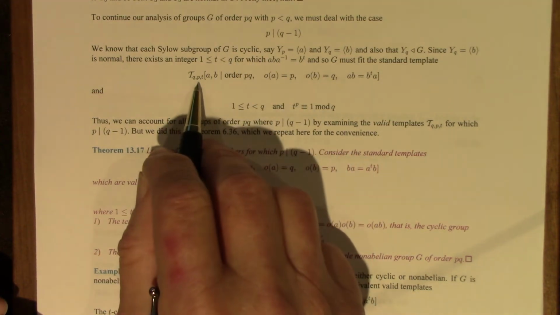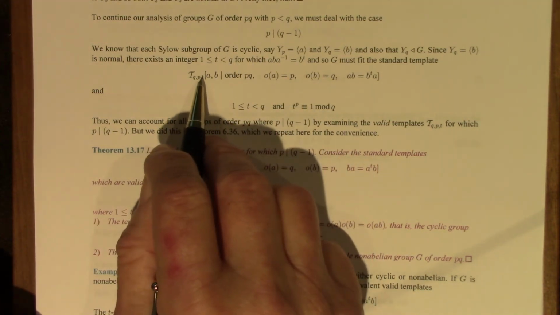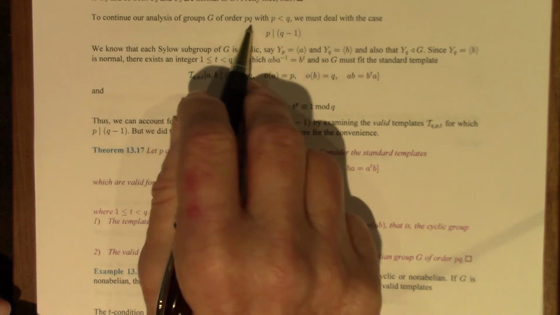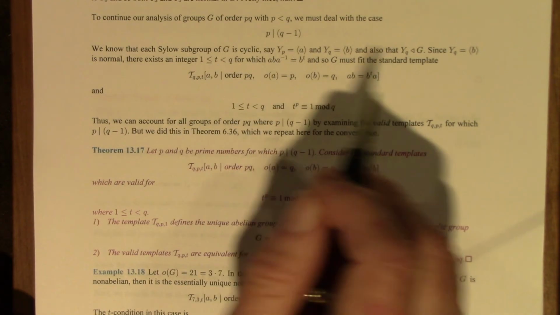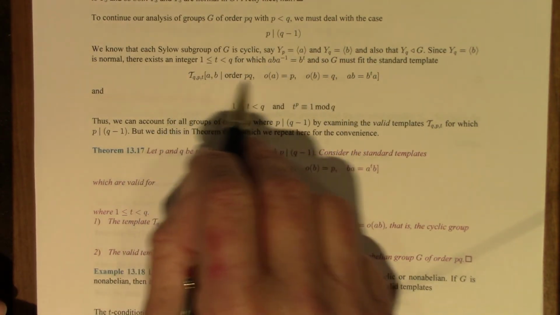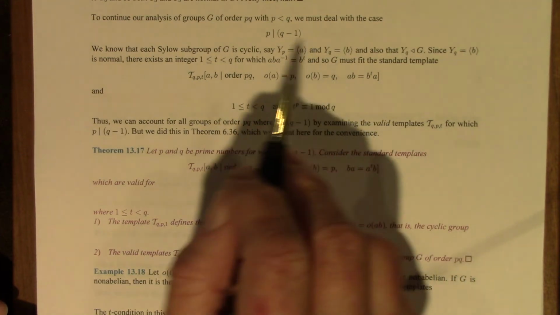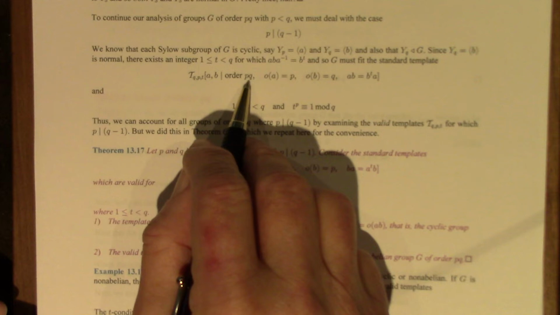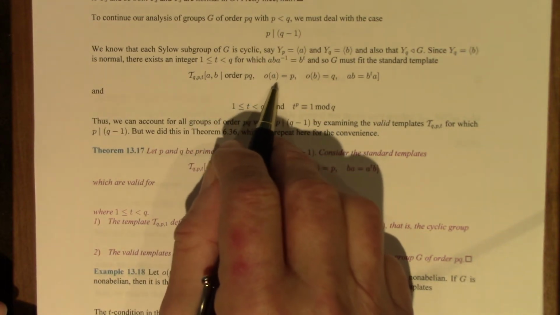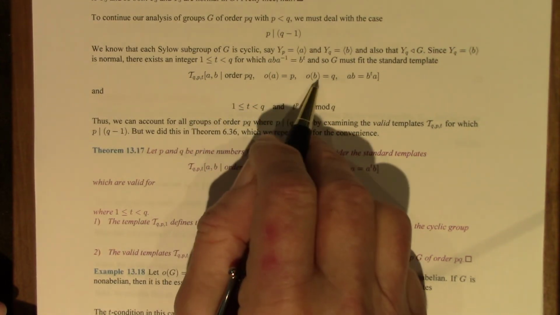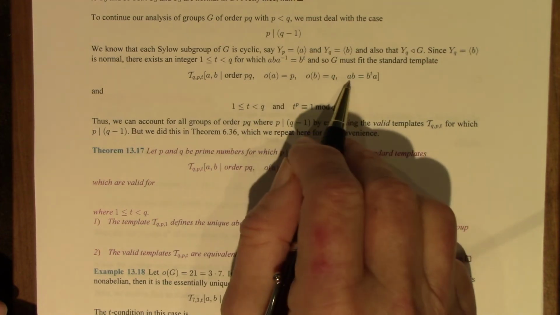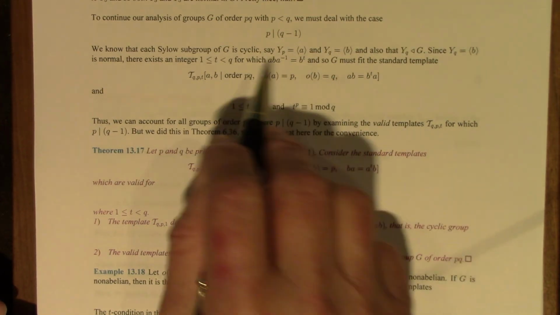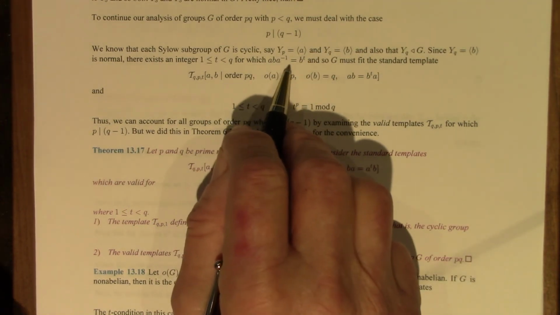So G, any group of order pq for which this holds, must fit this standard template. It's generated by two elements. Its order is pq. The orders of the individual elements are p and q. And we have this commutativity rule. It comes from the conjugation rule here.